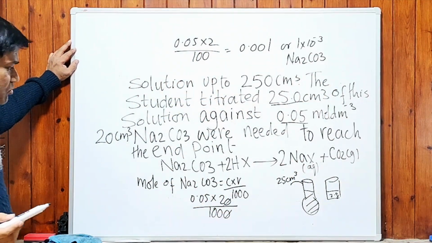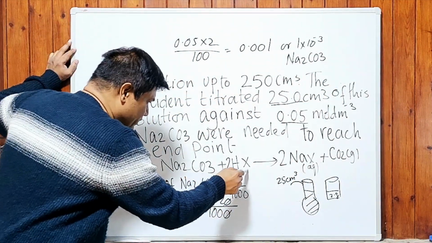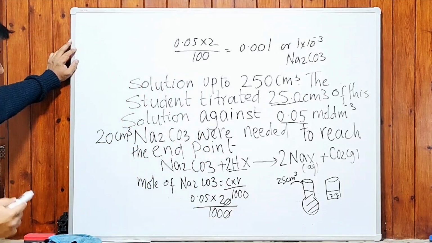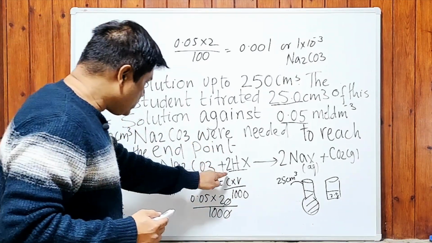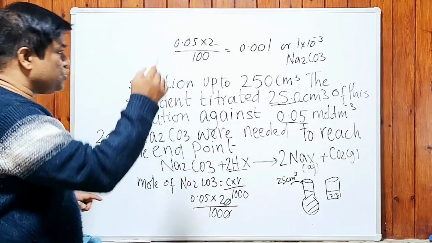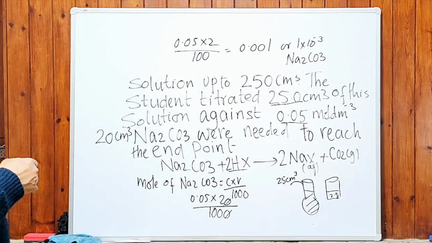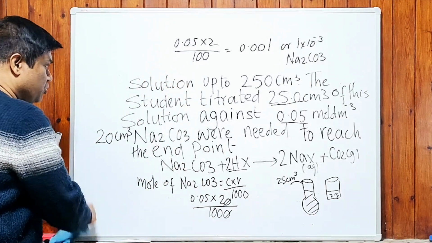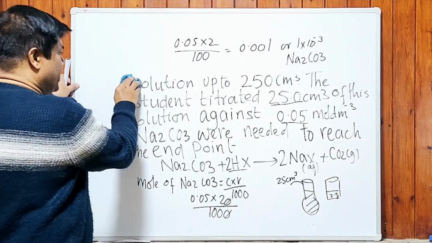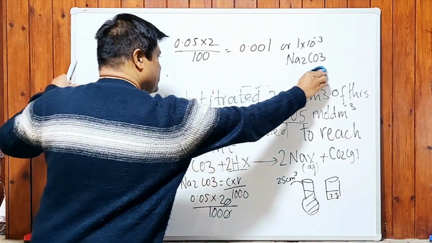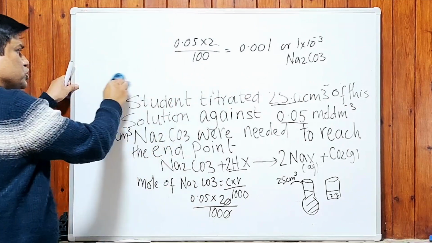Now, can we work out the mole of this acid? Yes, we can. Look at the molar ratio, 1:2. You just double it to get the moles of the unknown acid HX, because it is a 1:2 molar ratio.